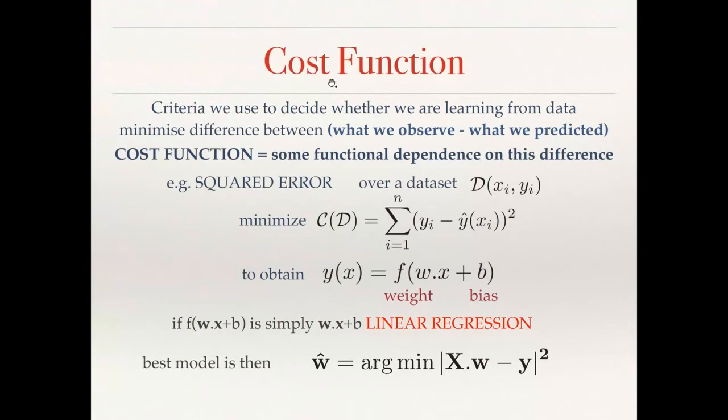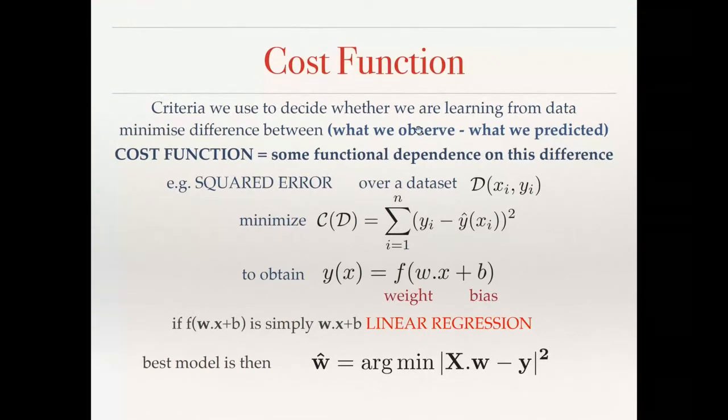So in this context, this is what is called a cost function. We are trying to decide whether we are learning from data, how well we are doing it. And typically that means trying to minimize the difference between what we observe and what we predict. The cost function is nothing but some functional dependence of this difference we are talking about.